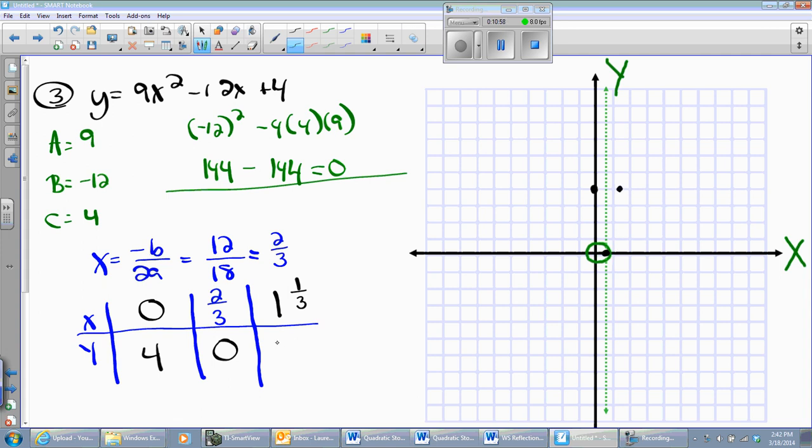So I can label this. This will be 2/3, 0. This will be 1 1/3, 4, and then 0, 4. All right, so I'm ready to graph. Like that, and then like that. And there you go.